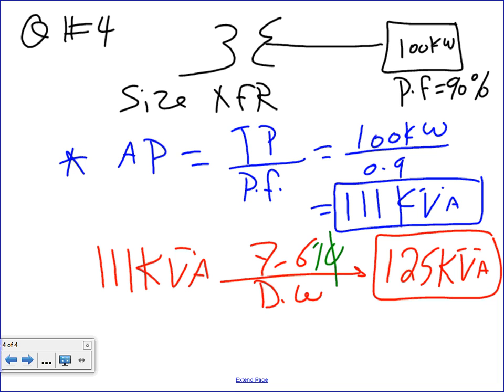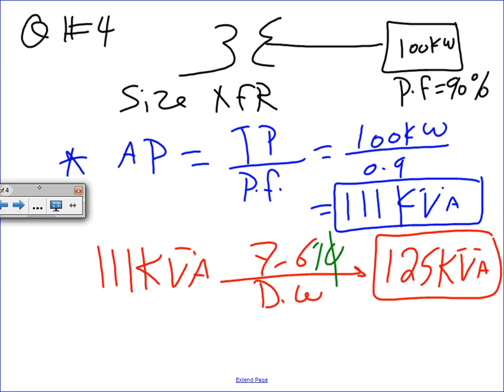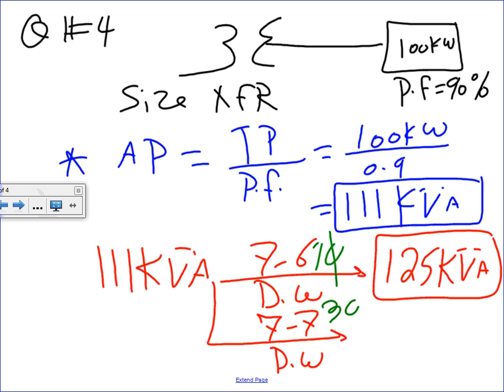Now, just for the heck of it, I want you guys to do a three phase. I changed my mind. I want to feed it from a three phase, so you go to 7-7 this time. I decided to make a three phase transformer to feed this load, not a single phase.